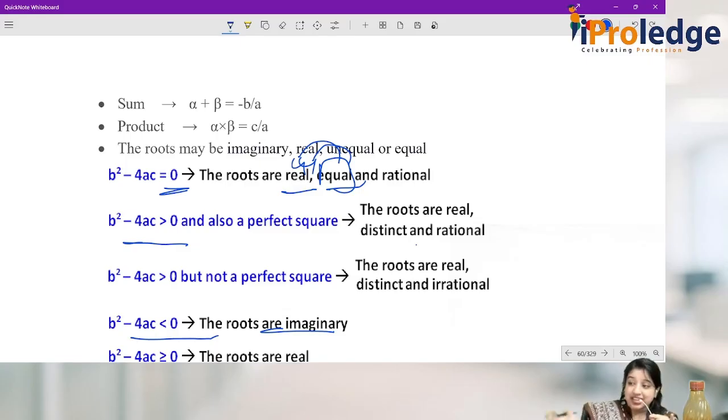Now in real, there is rational and irrational. If greater than 0 and a perfect square, then rational.